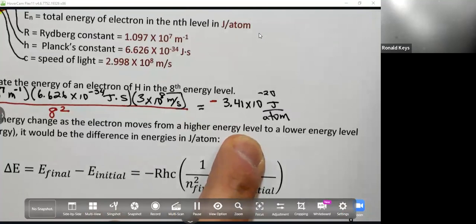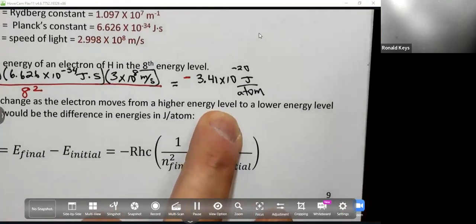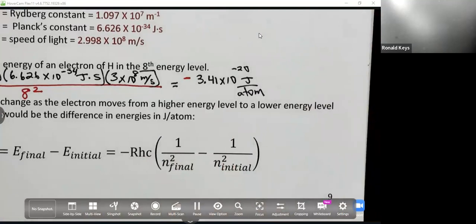Now, for whatever reason, I think the question, and I probably should have put the exact question up here, they convert this to kilojoules per mole. And we can do that.